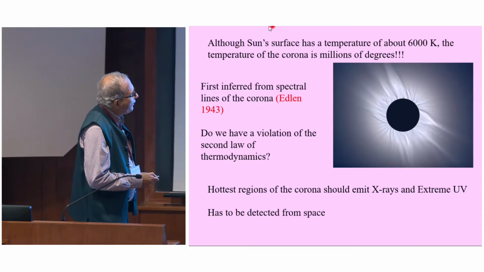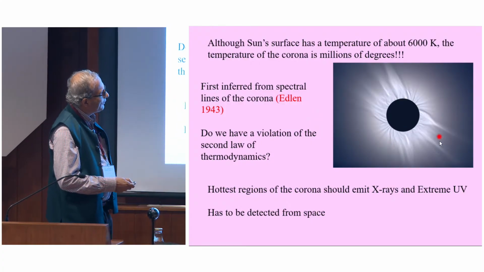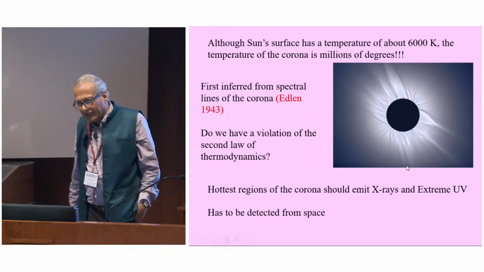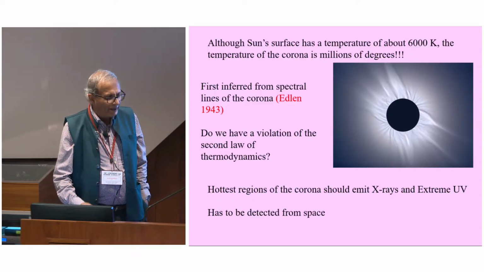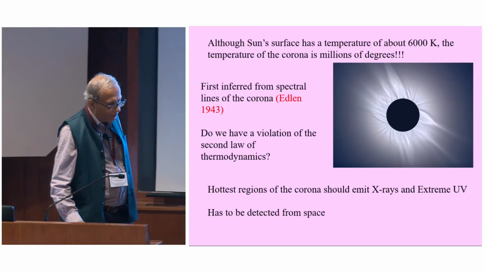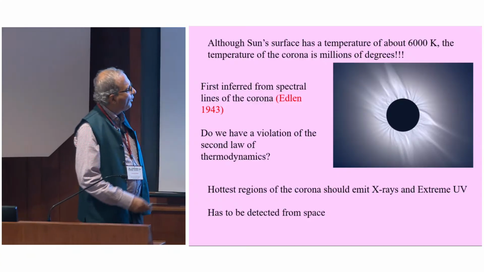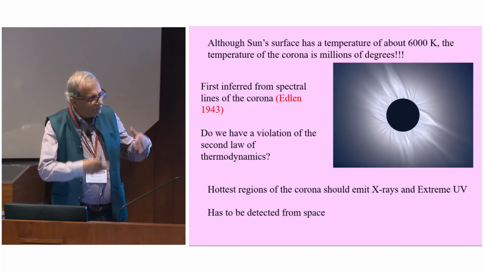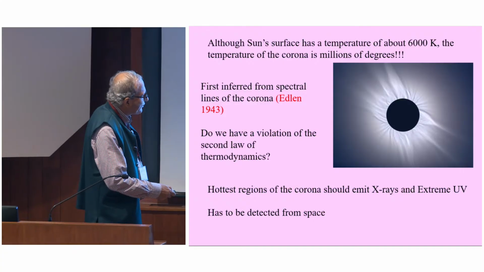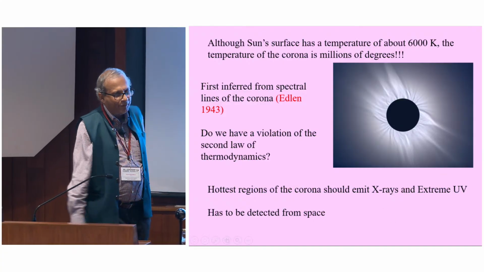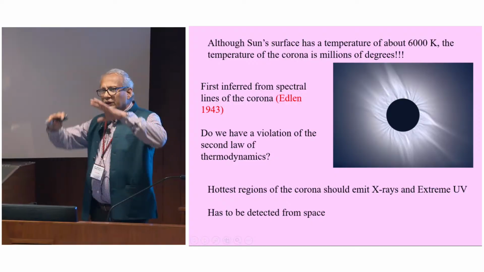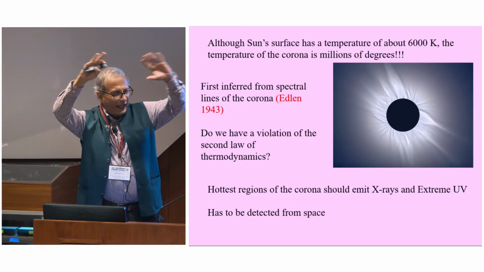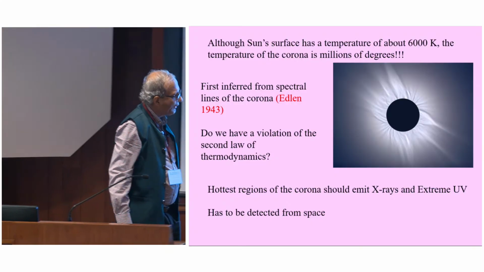And if the corona really has a temperature of millions of degrees Kelvin, then by an application of Wien's displacement law of blackbody radiation, you can conclude that there will be lots of radiation coming from the corona in X-rays and extreme ultraviolet. Now the upper layers of our atmosphere happen to be opaque to this kind of radiation.